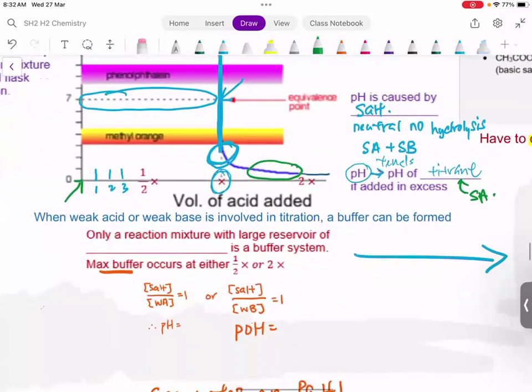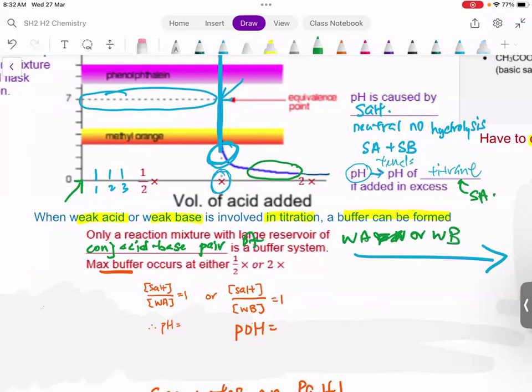If there is a weak acid or weak base involved in titration, a buffer can be formed. Only a reaction mixture with a large reservoir of conjugate acid-base pair of weak acid or weak base can be a buffer.